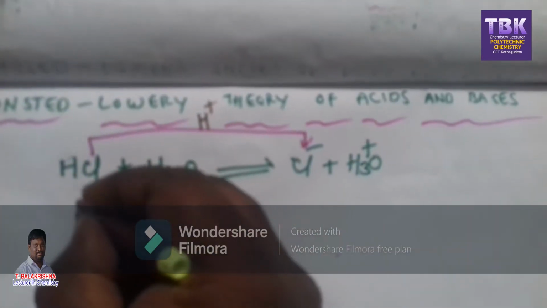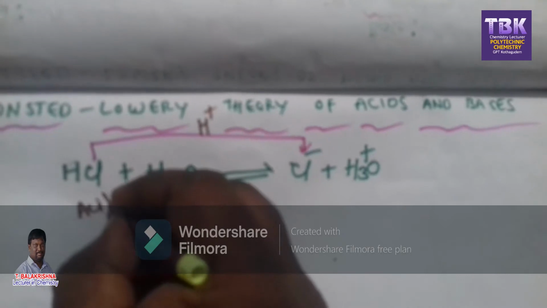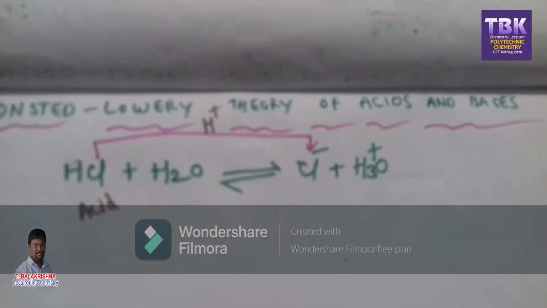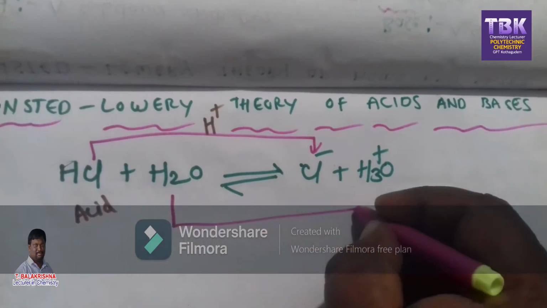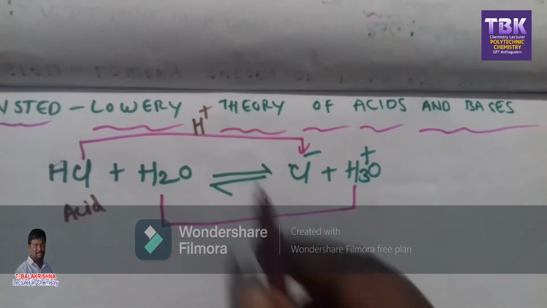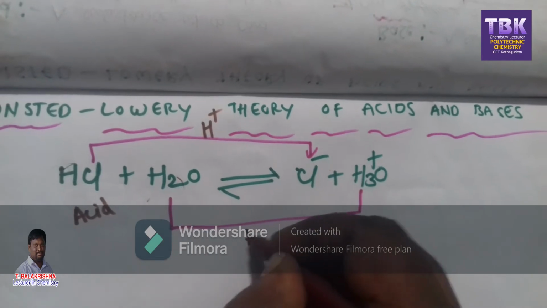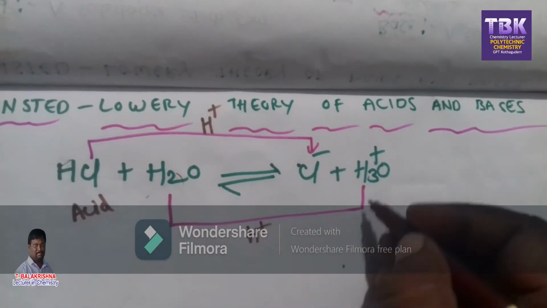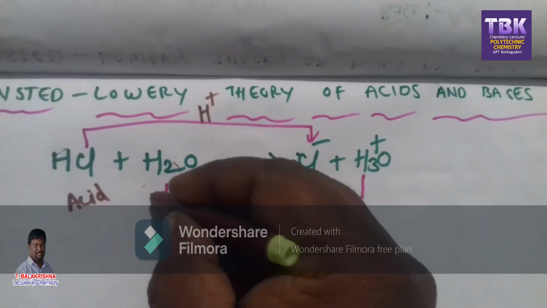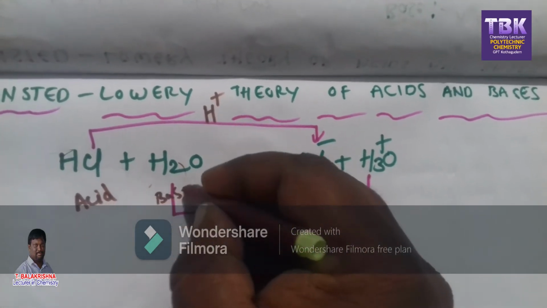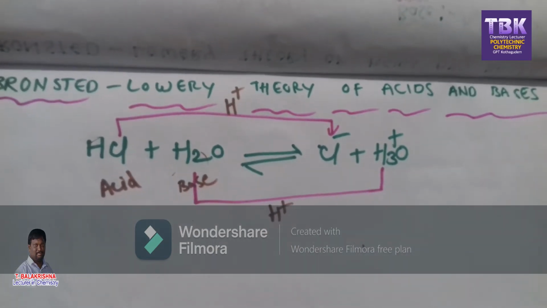So it is called an acid. Here H2O gains the proton from HCl and is converted into H3O plus. So that is called a base, according to the Bronsted theory of acids and bases.